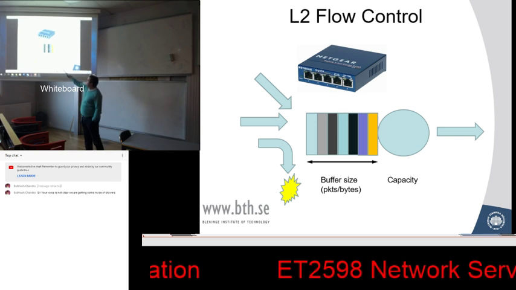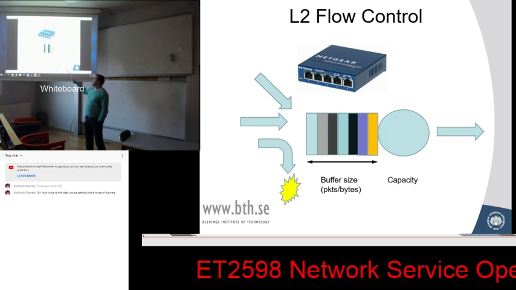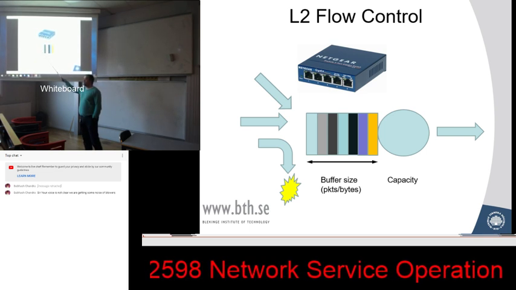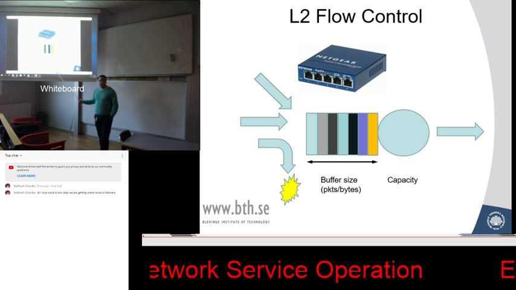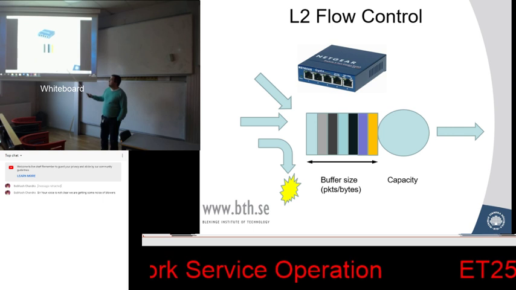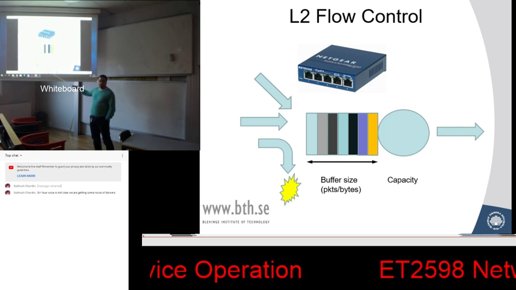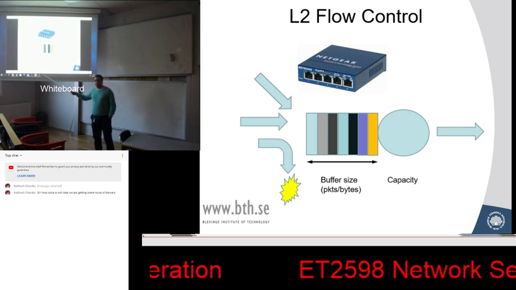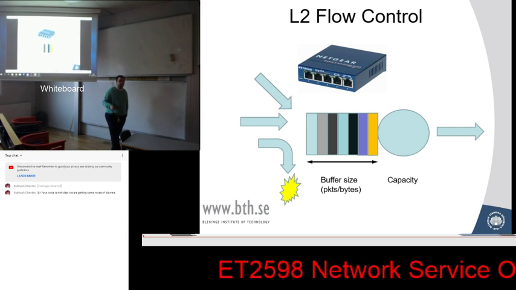If we now have 4 ports that all happen to be sending to the same destination that is available on this port, we will possibly be feeding it with 4 gigabits, but we can only be draining it at 1, right? So we will fill up a buffer, and once the buffer is full, the packets will be dropped. And they will be dropped silently. This one will not do anything or tell anything.